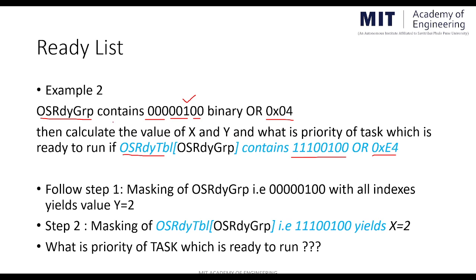These two registers, OSRdyGrp and OSRdyTbl, are automatically filled by the task create function and by the task states, because multiple tasks are ready to run.